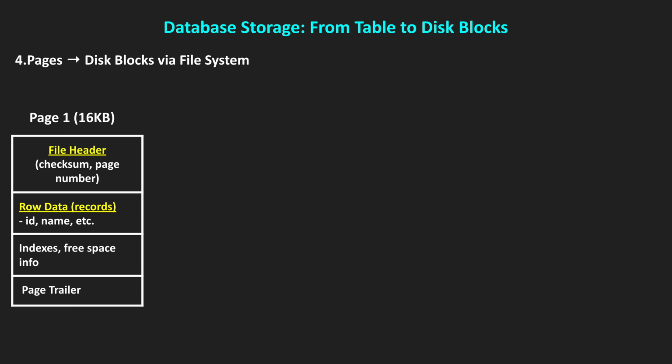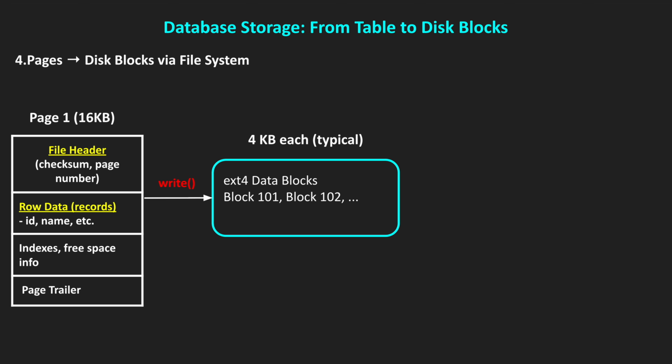A page has a file header, raw data, indexes, and a page trailer. The file system saves that page and maps it into data blocks. If we have 16 kilobytes and the data blocks are usually 4 kilobytes, we map the page into four data blocks.